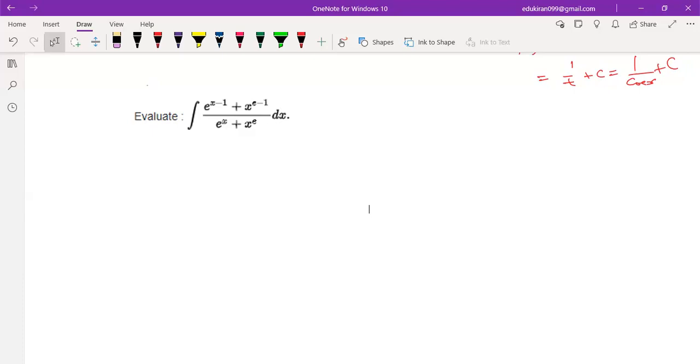Sir, yes, we have to solve this. Yeah, you have to solve this by using substitution method.